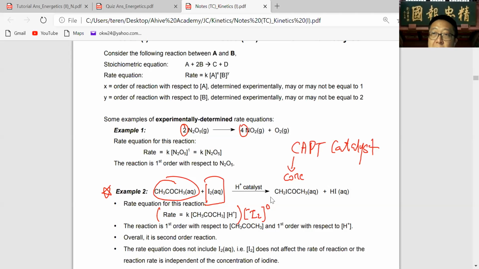That is what you learned. But now you realize there are exceptions to the rule. There are exceptions to the concept, provided it's at least first order. If not, concentration factor may not impact the rate of reaction at all. Can you see? Independent of the order of reaction. Can you highlight this?